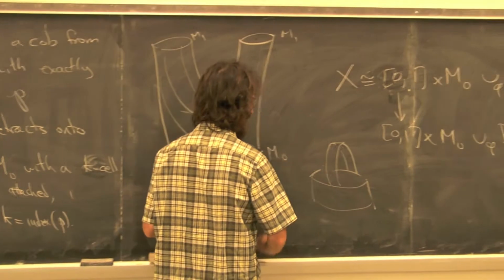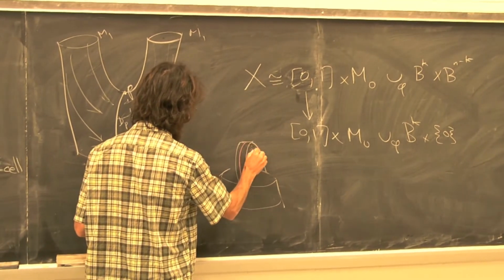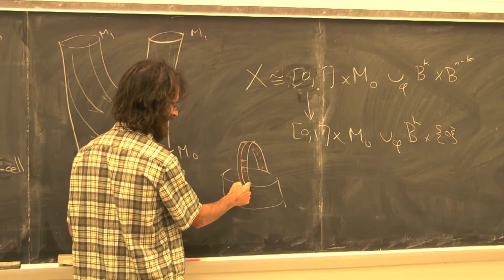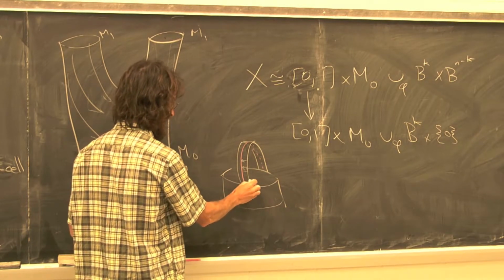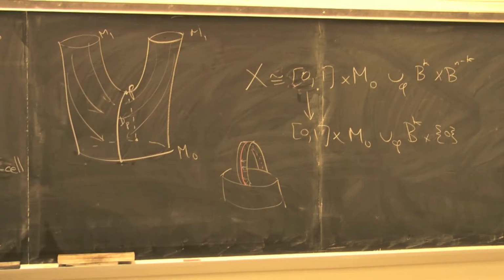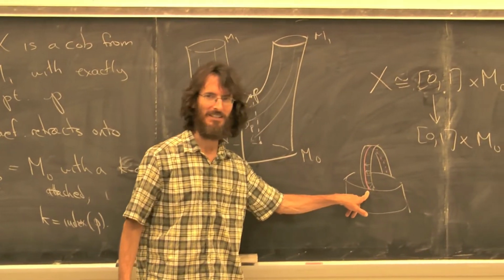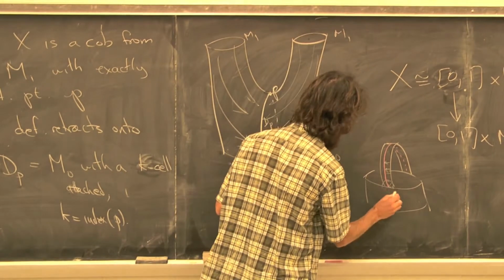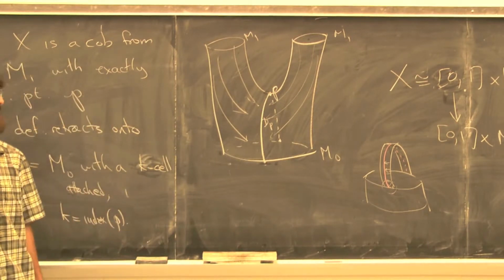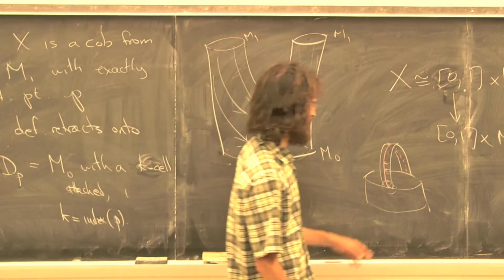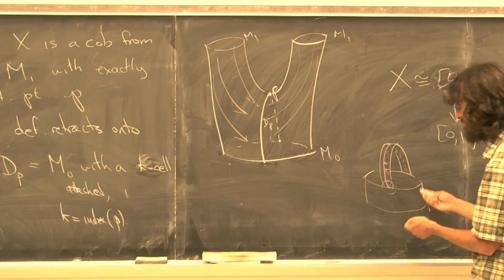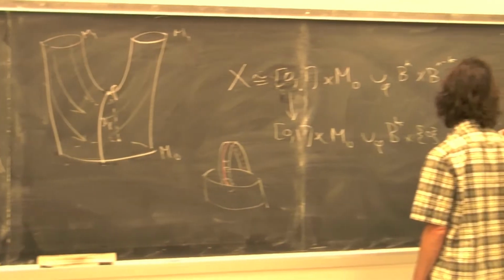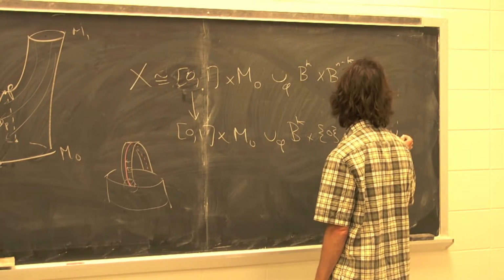Now I want to retract just onto here. Once it's fine to retract there, that's fine, but once you get down here, you still have to be a little fiddly and do your retraction carefully so it's continuous, otherwise, should that point retract to there or not? I won't write that down, it's all just in local charts, and this picture does capture everything that happens. And then once you have this, you can retract from the bottom up, or however you want to do it, that deformation retracts onto M0.